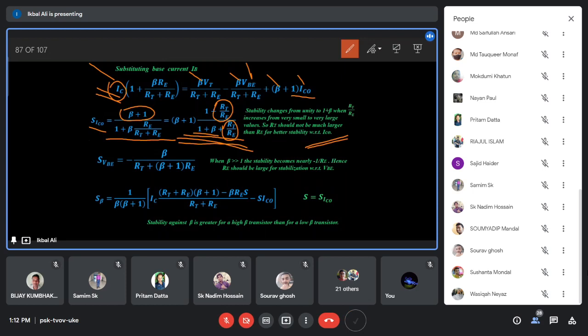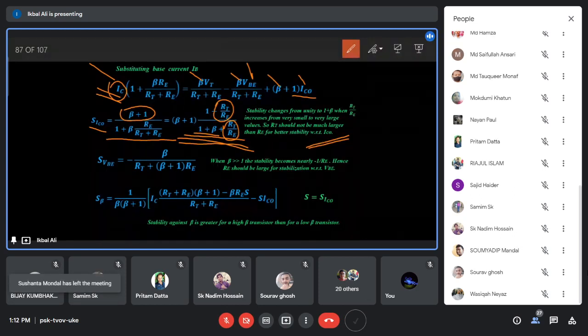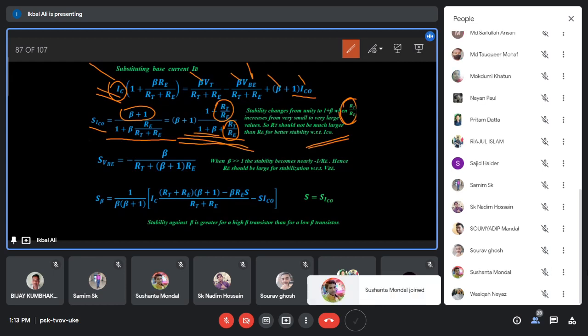But you know that to make this circuit stable, you have to fix this stability factor to the minimum value. That means you should stick to this stability factor of 1, not the higher value 1 plus beta. So that is why you have to make this RT by RE very small.